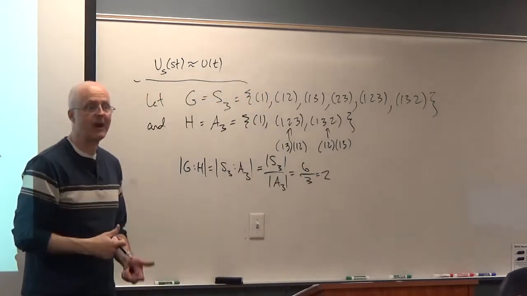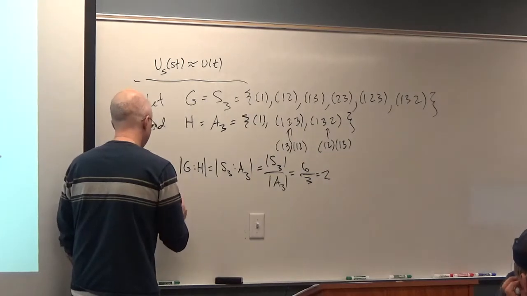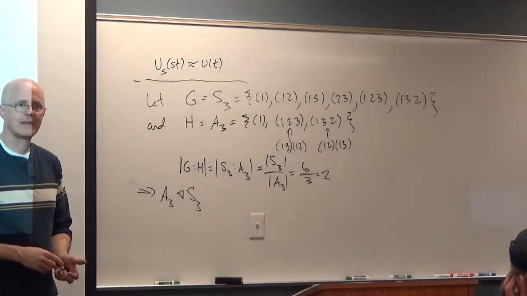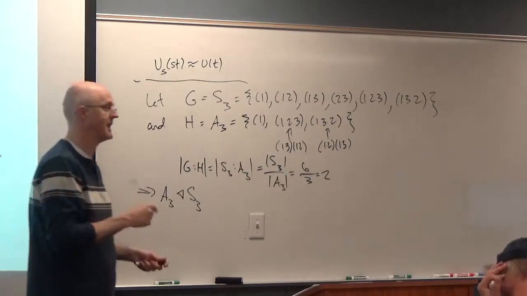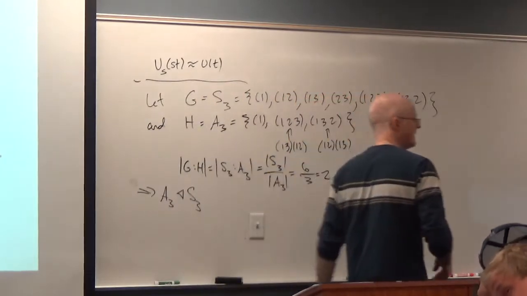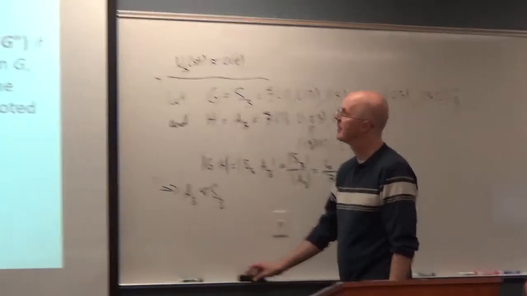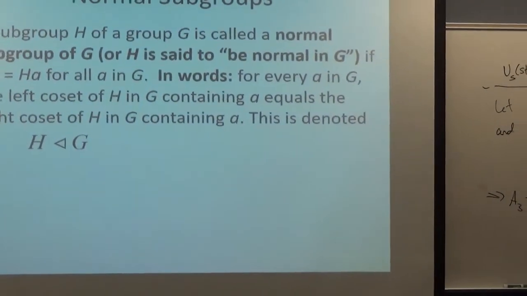By that fact that I erased, A3 should be normal in S3, and that is true. Can you also verify it either with the normal subgroup test or with the definition? Actually, let's think of it in terms of the definition. This thing right there. Every left coset should be the same as a corresponding right coset.